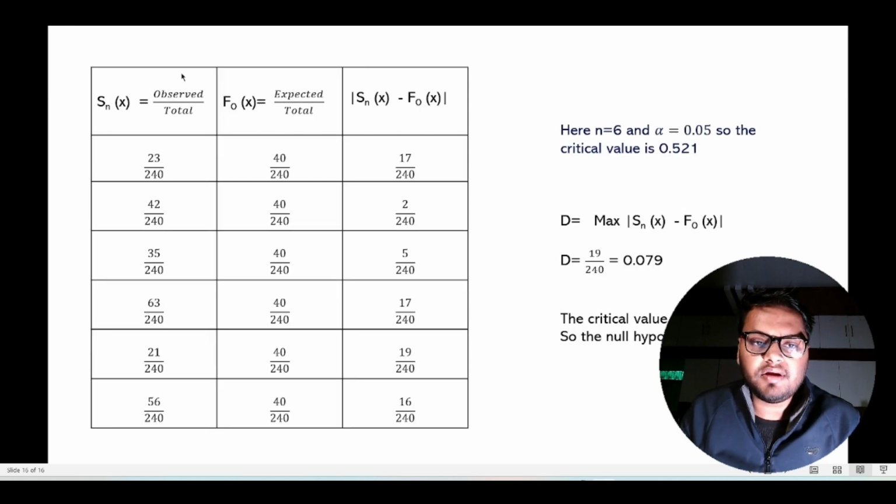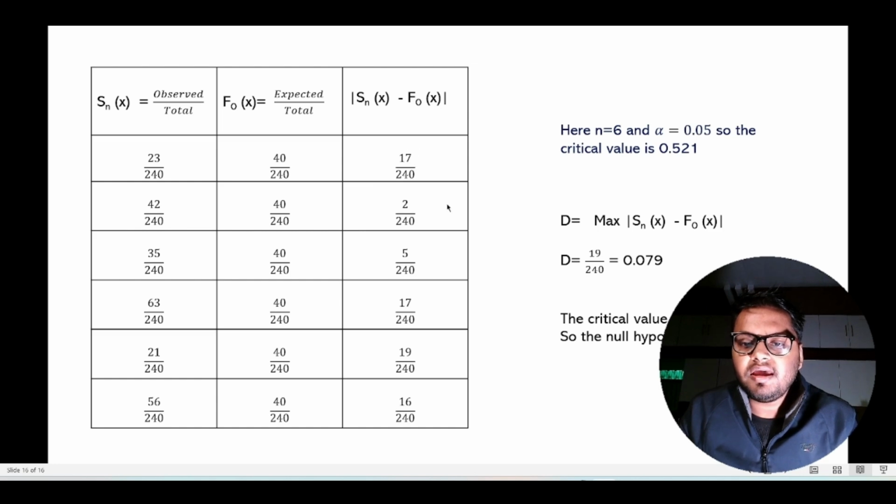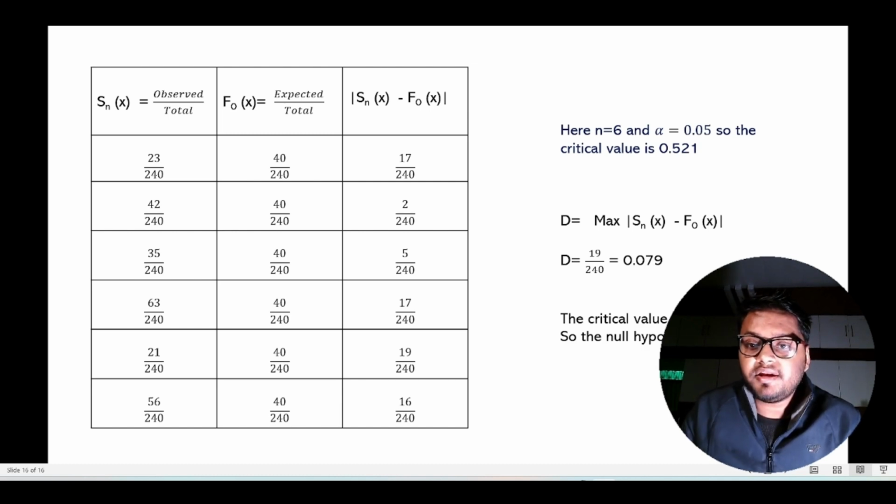Now we are going to calculate S of x, which is each value divided by 240, and F naught x, which is each expected value divided by 240. After that we are going to calculate this out, and we get our end result as 0.079.